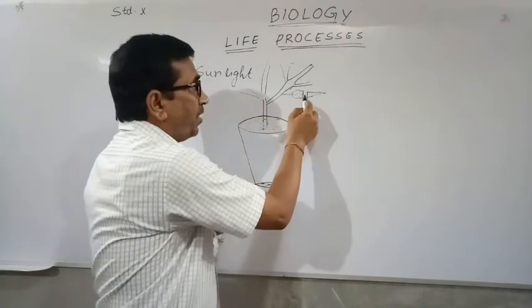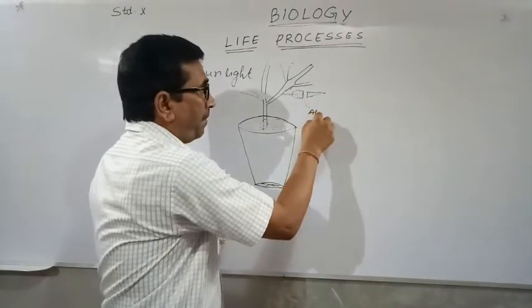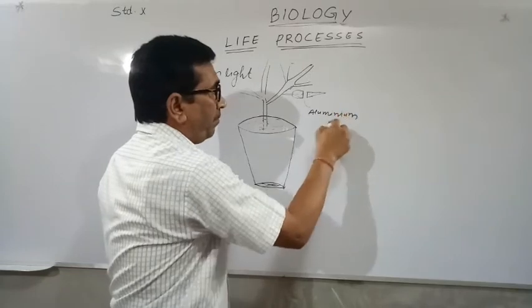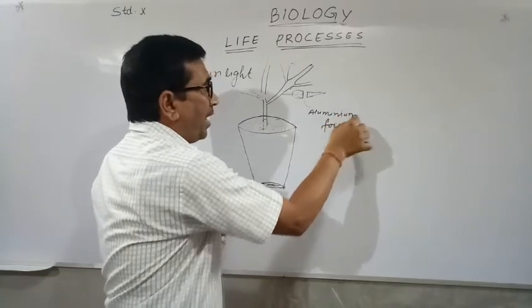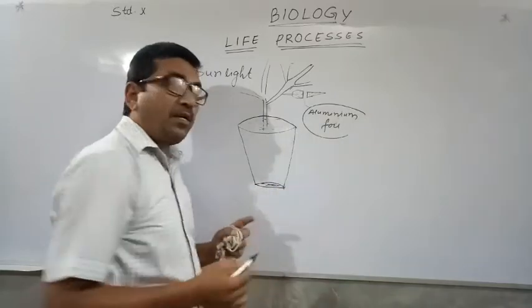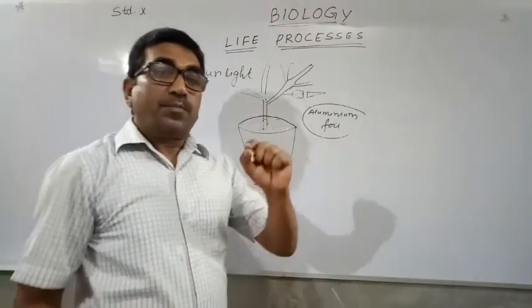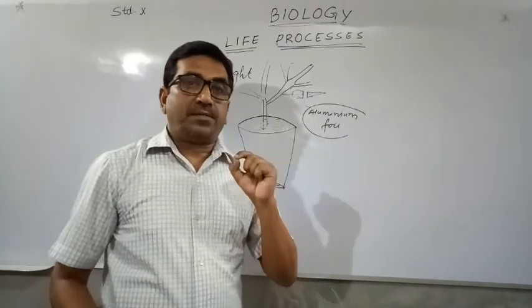This is the aluminum foil. Why have we wrapped the aluminum foil? In order to protect the leaf from the sunlight.